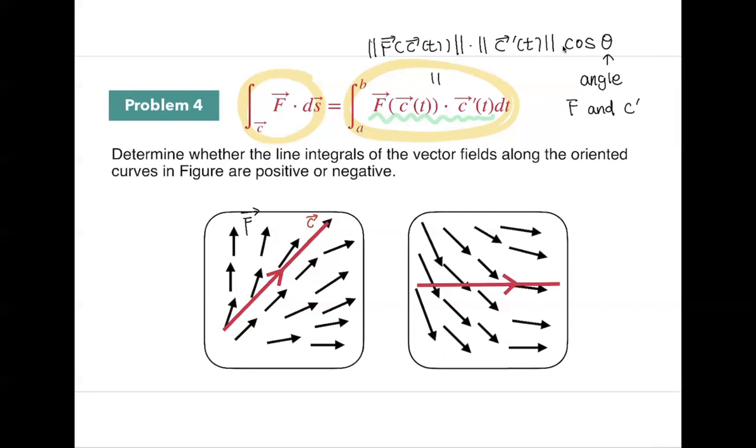And you can see that at each point, f and our tangent vector have an acute angle, so cosine must be positive, right? Cosine must be positive. So you can say that along this curve the integrand is positive, so this integration must be positive. Okay.